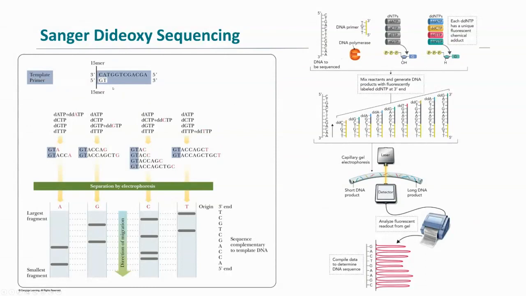So for this experiment, you just set up 4 different reactions. In the first reaction, you mix the dideoxy A with the deoxy ATCG, and then you perform the DNA synthesis, and they will produce fragments of different lengths. And then you perform electrophoresis to separate those DNA fragments by length. You'll be able to determine or predict the exact nucleotide at that exact location.